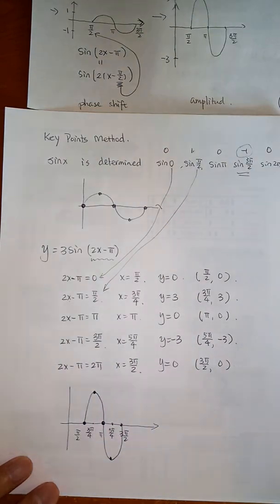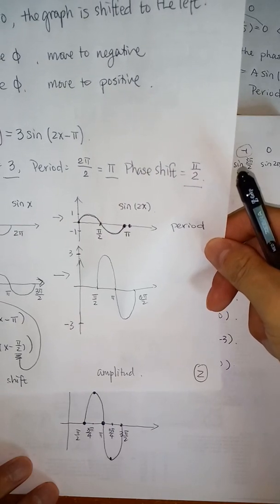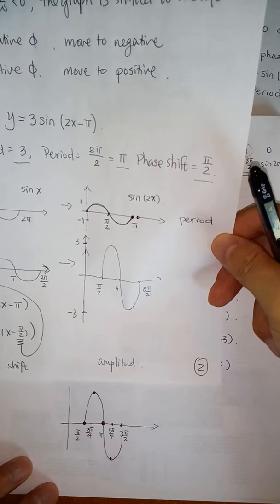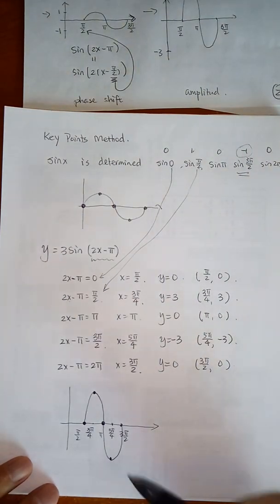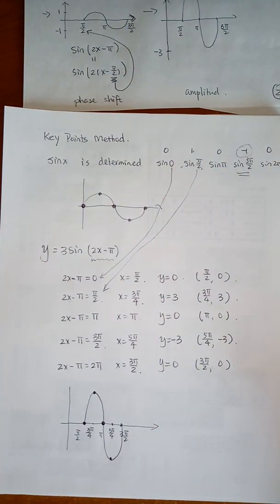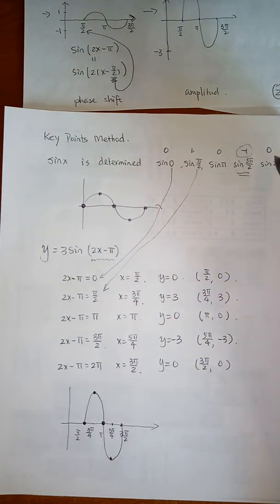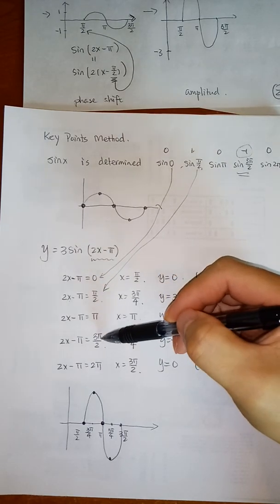Okay, so where was our original graph? You see, you have more or less the same sketch. So that's the second way. The first way, you can use the graph shift to find the answer. And second, you can just use the key points. For the key points, you get 0, 1, 0, negative 1, 0. And you solve for the equation 0, pi over 2, pi, 3 pi over 2, and 2 pi.